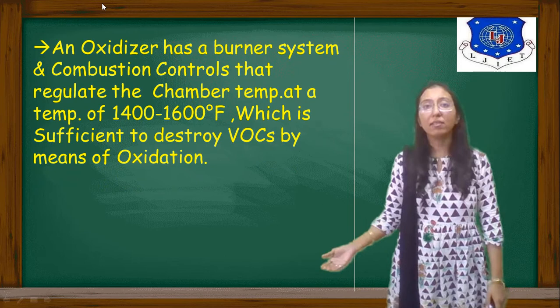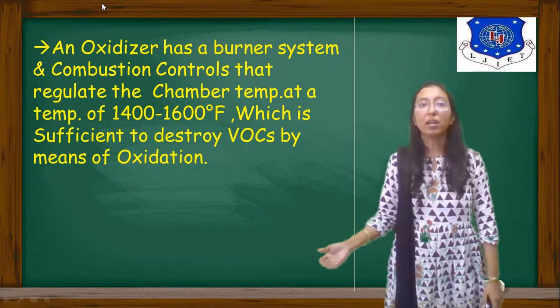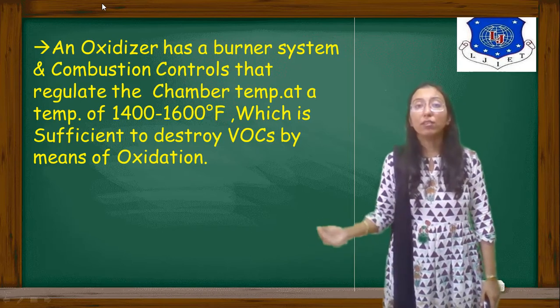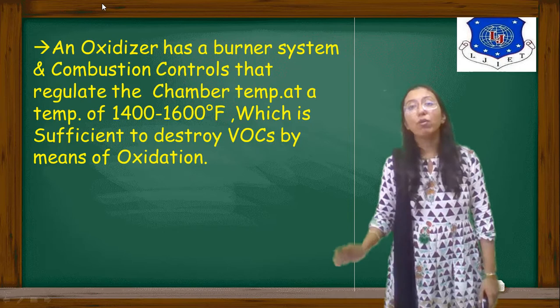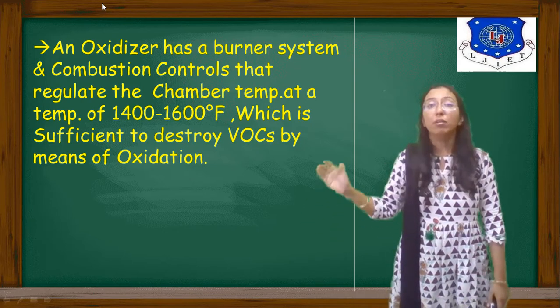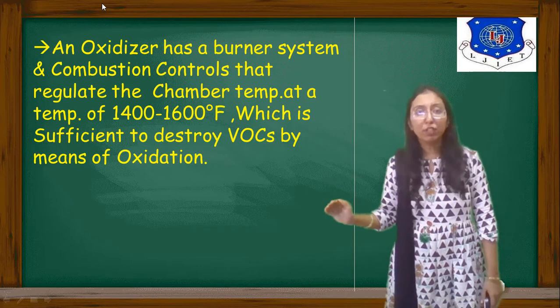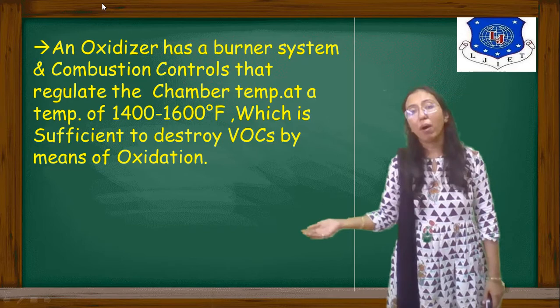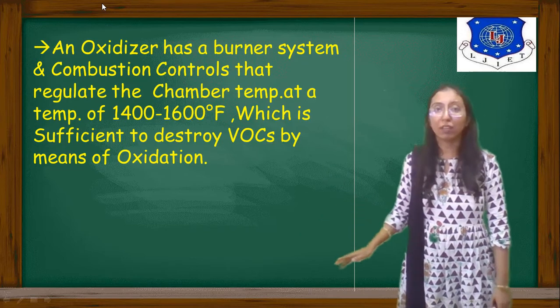The oxidizer has a burner system and combustion controls that regulate the chamber temperature at 1400 to 1600 Fahrenheit, which is sufficient to destroy volatile organic compounds by means of oxidation.